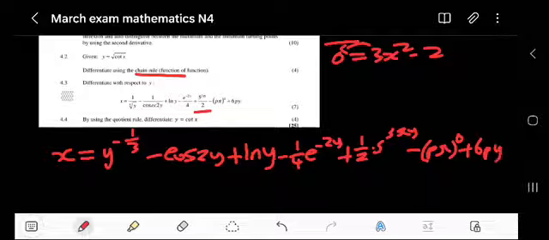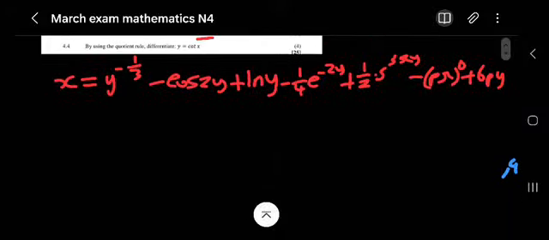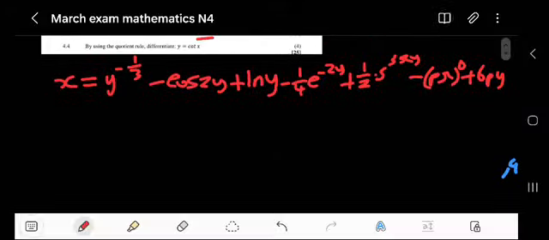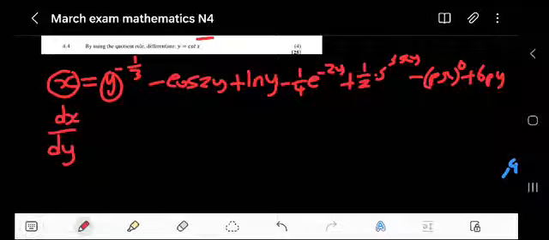Alright, let us differentiate this with respect to y, guys. So we'll have dx with respect to y. We have y's here, so we're supposed to write y with respect to that.